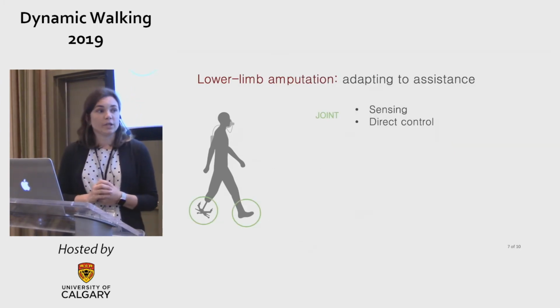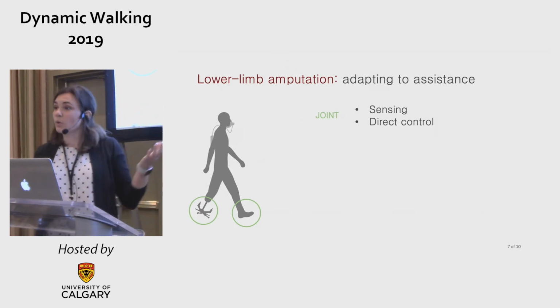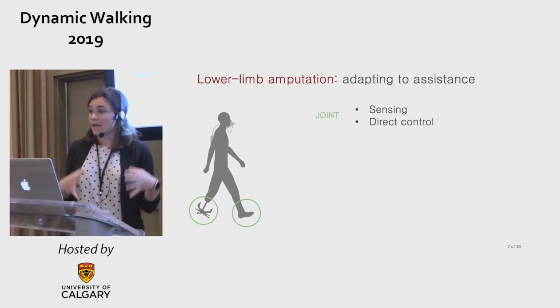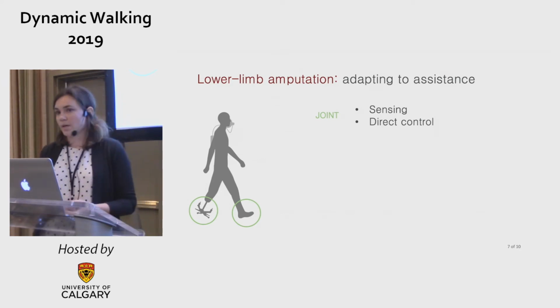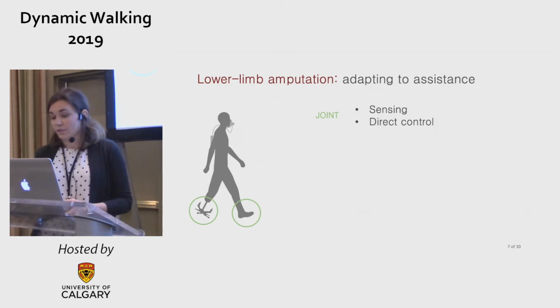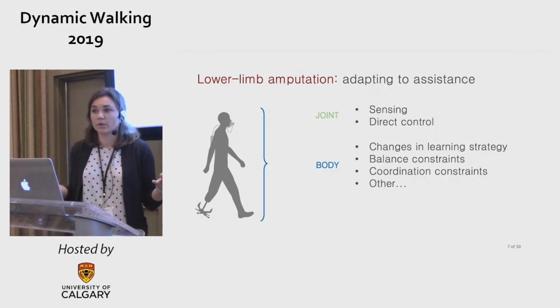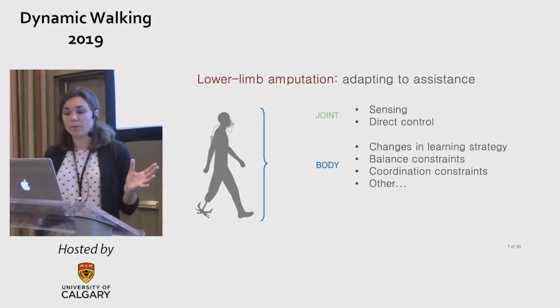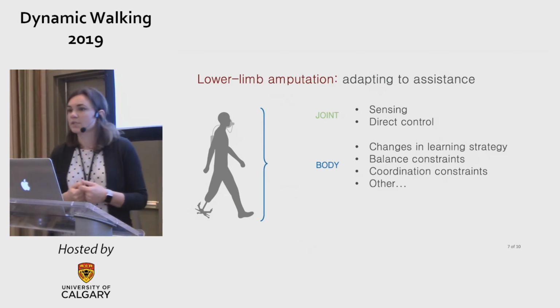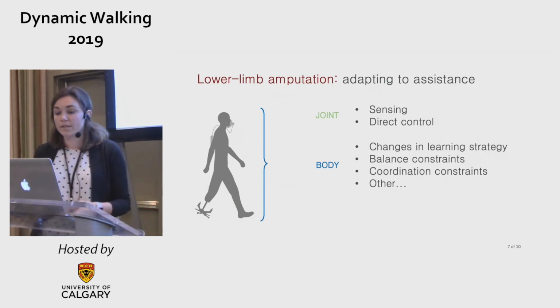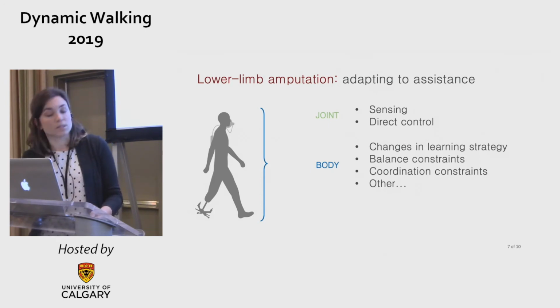It's potentially because on a joint level, we need to sense what's happening at the joint, or directly control what's happening at the joint, in order to take advantage of assistance. It's also possible that these adaptations are on a body level. So maybe amputation leads to changes in the learning strategy of how a person takes advantage of assistance, or it constrains balance or coordination in some way.